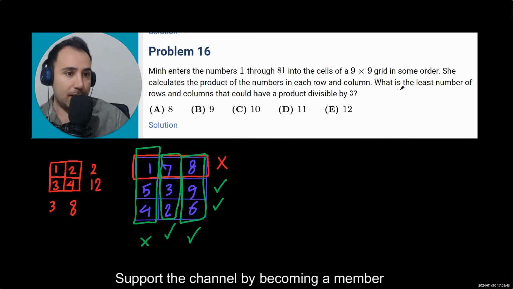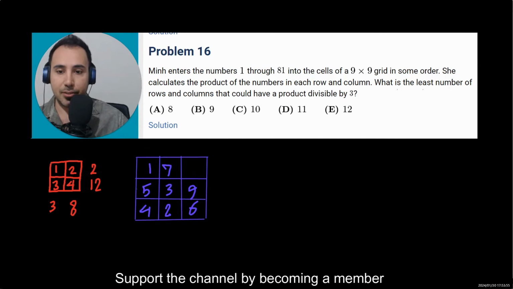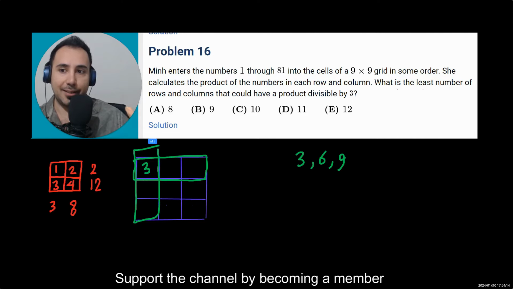Now, the question is, what is the least number of rows and columns that could have a product divisible by 3? Okay, we want to minimize this. So that means all the numbers are not really important. The only important numbers are 3, 6, and 9. If I put 3 here, both this row and this column will automatically be divisible by 3.